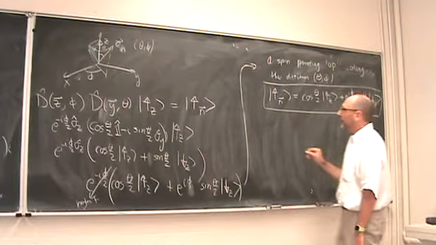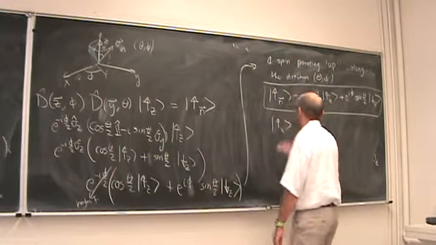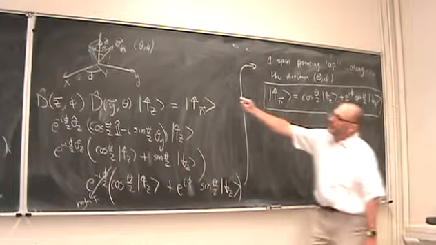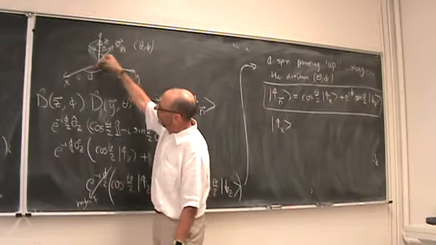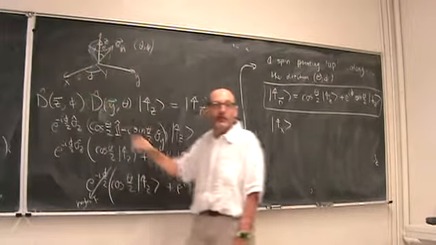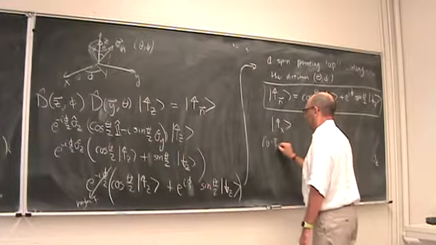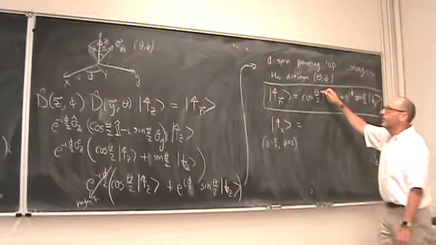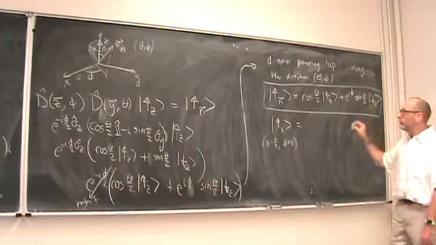So, for example, spin up along x. The x direction is the direction where theta is pi over 2 and phi is 0, right? So that is cosine pi over 4 and sine pi over 4, which are each 1 over root 2.